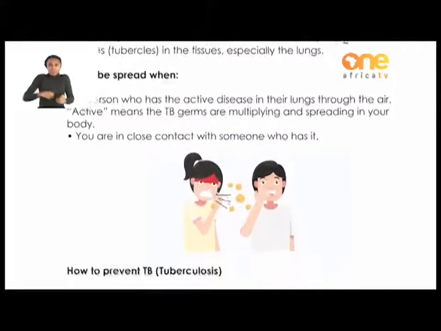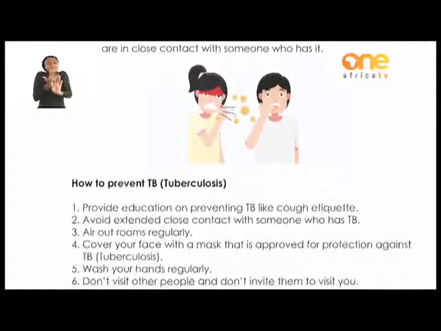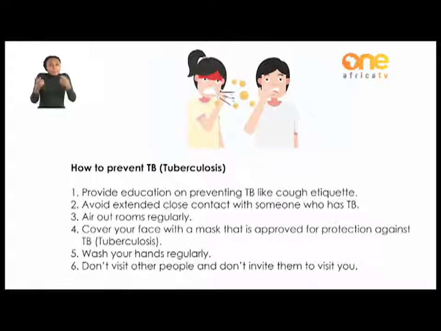So how do we prevent getting TB? How to prevent TB? Number 1, provide education on preventing TB, like cough etiquette. Number 2, avoid extended close contact with someone who has TB.